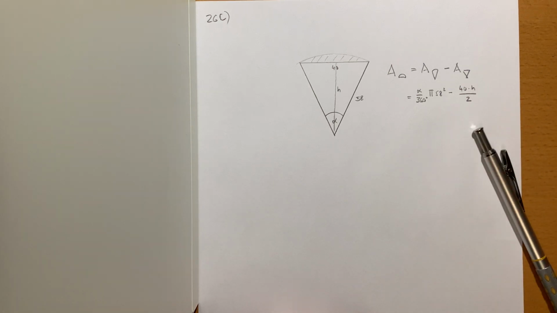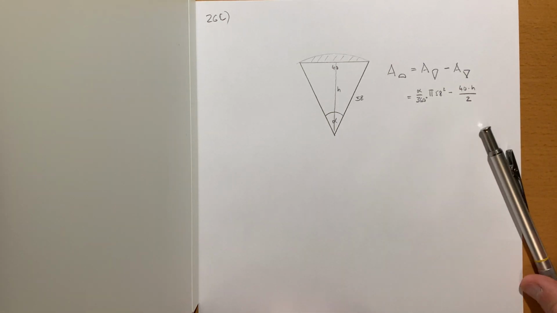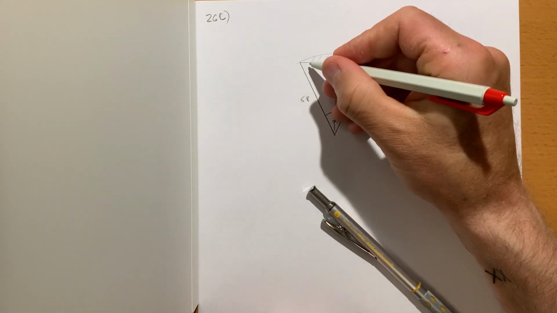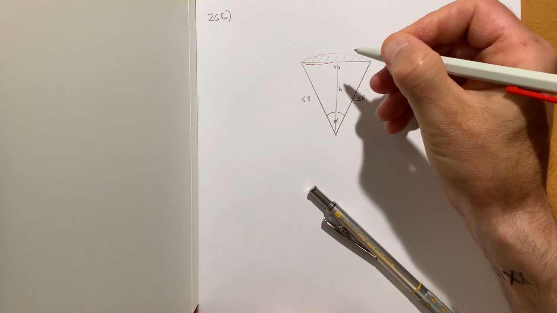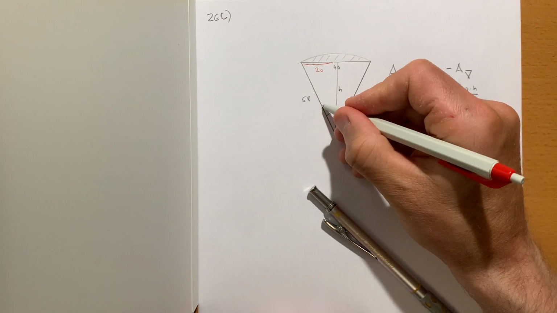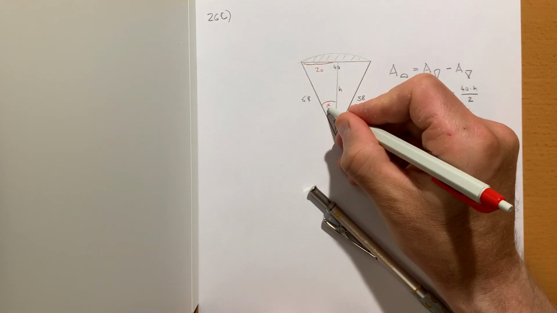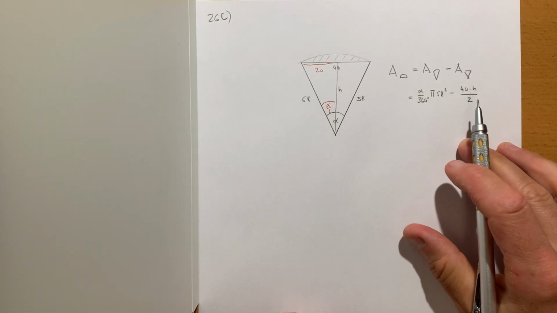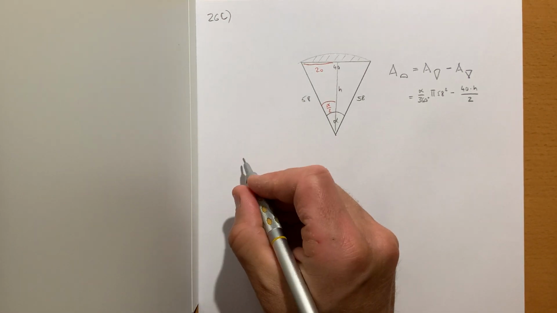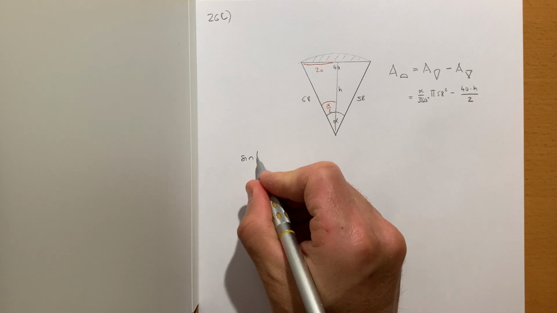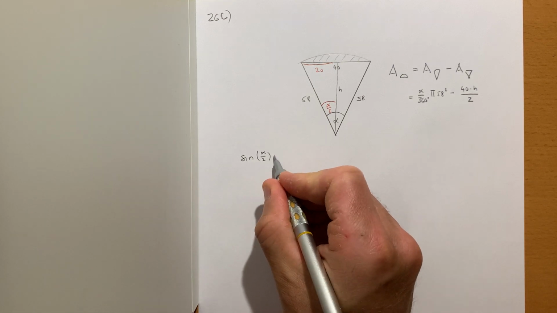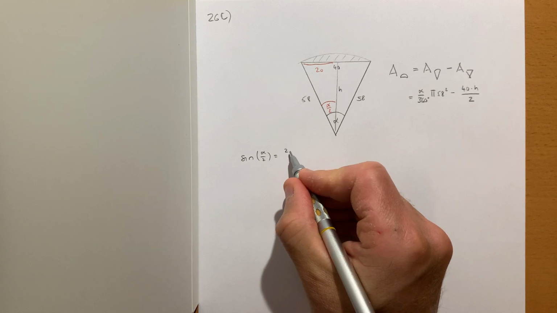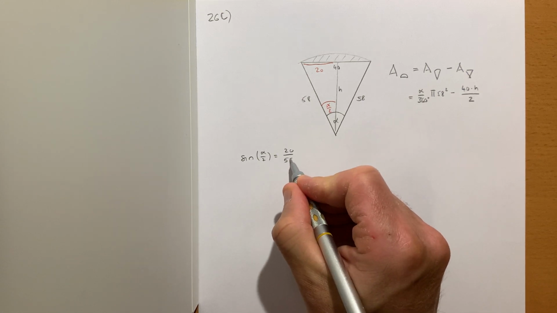So we know, as this is an isosceles triangle, so this is 58, 58, we know that this is going to be 20 and this is alpha halves. So let's work with that and let's work out alpha halves first. So we can start off with sine alpha halves is opposite over hypotenuse, so it's 20 over 58.